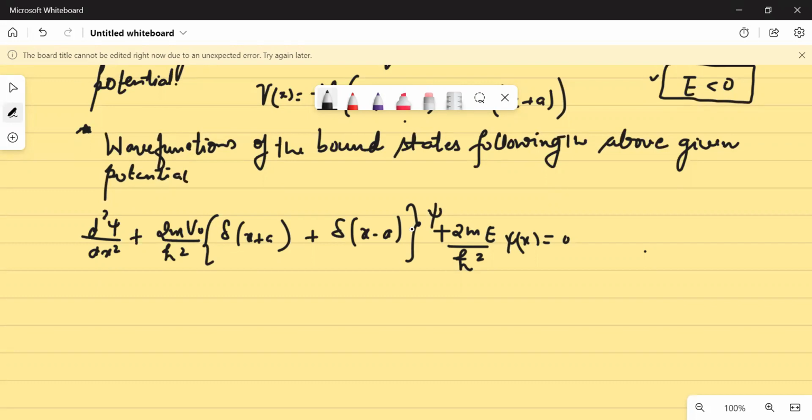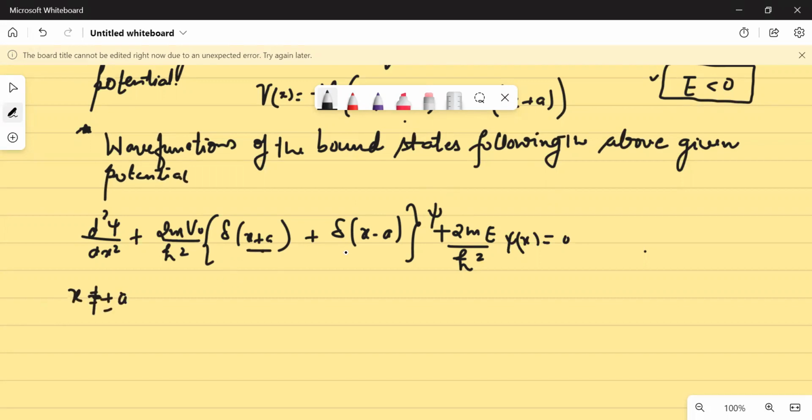Now, whenever we are supposed to find the solutions of the wave functions for a Dirac delta potential, we start with the condition that x should not be equal to plus or minus a.